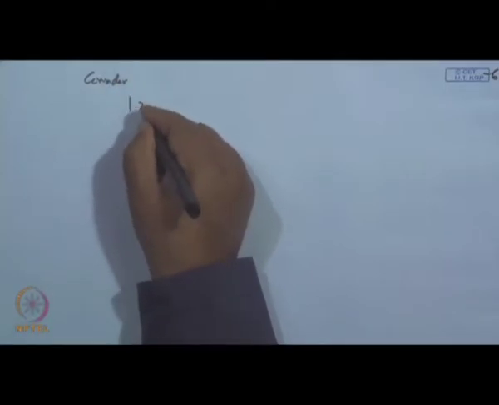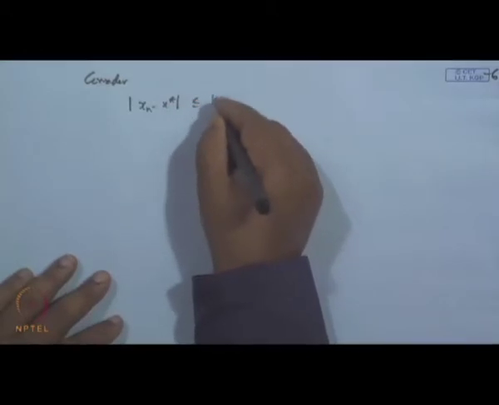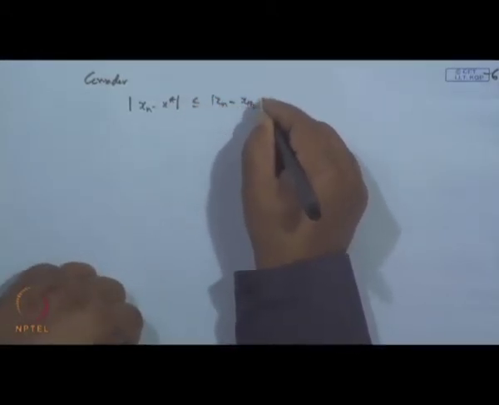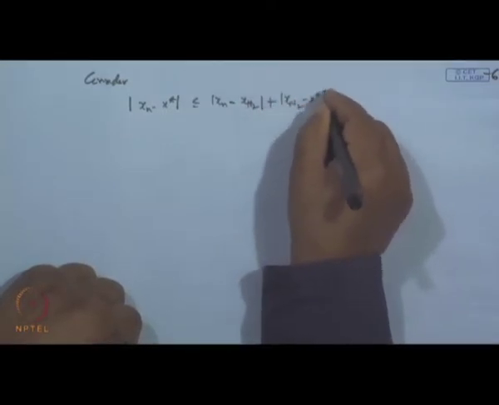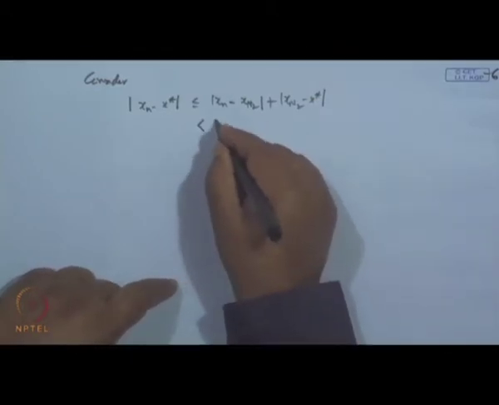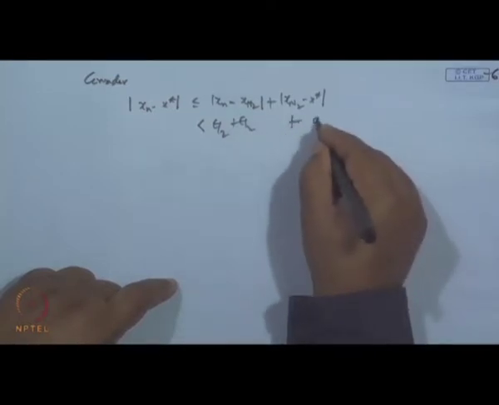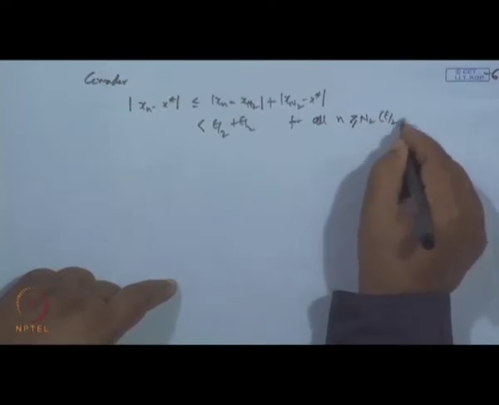|x_n minus x star|. Now, this is less than or equal to |x_n minus x_{n_2}| plus |x_{n_2} minus x star|, and this will remain less than epsilon by 2 plus epsilon by 2 for all n greater than or equal to n_2, because both the conditions 1 and 2 are satisfied.